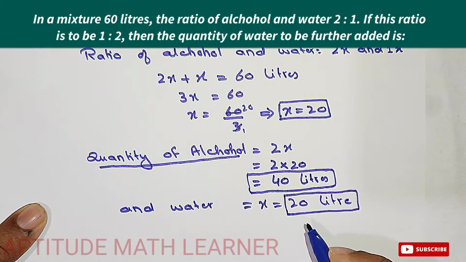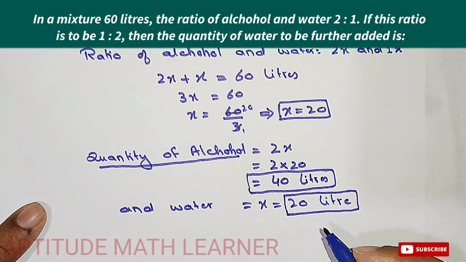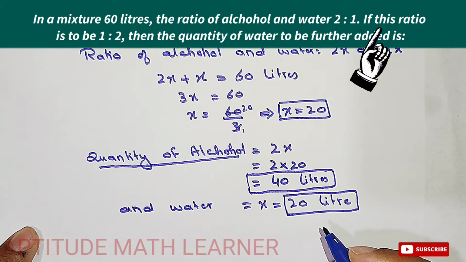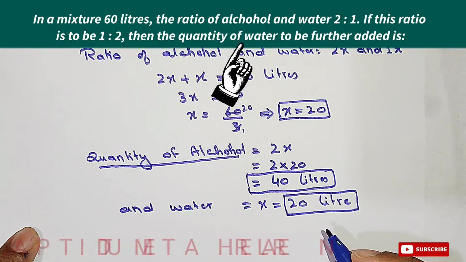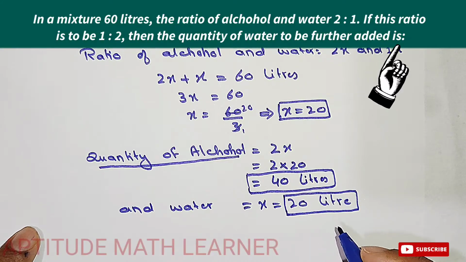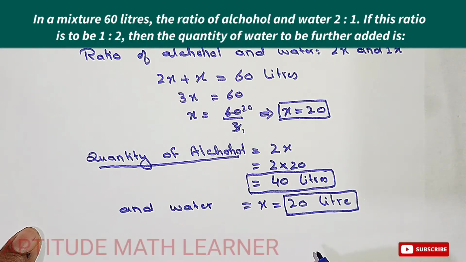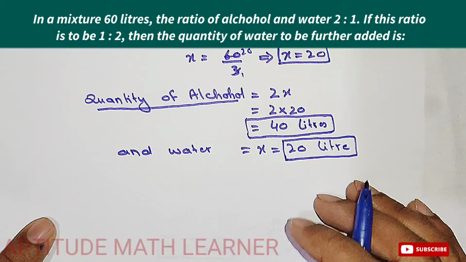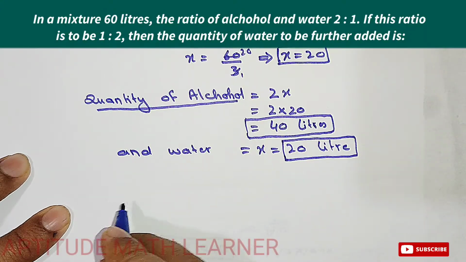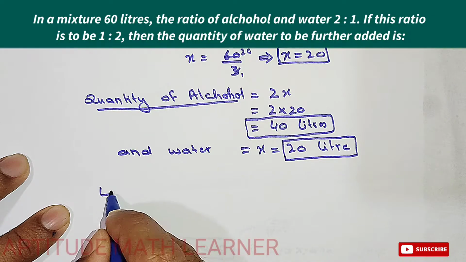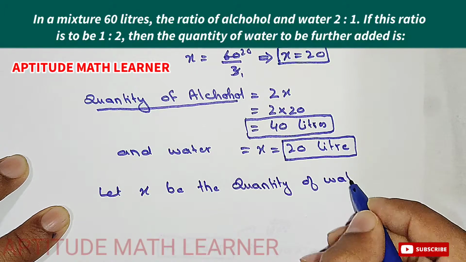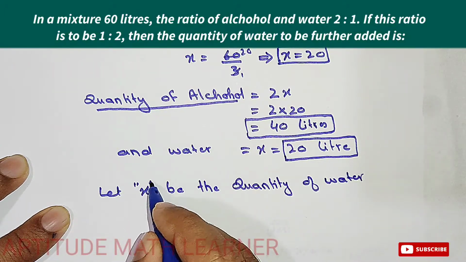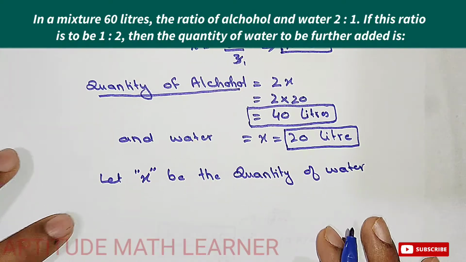Now if you take a look at the question, it says that if the ratio is to be 1:2, then the quantity of water to be further added is? So now to make the ratio 1:2, we find out the quantity of water to add. Let x be the quantity of water to be added.